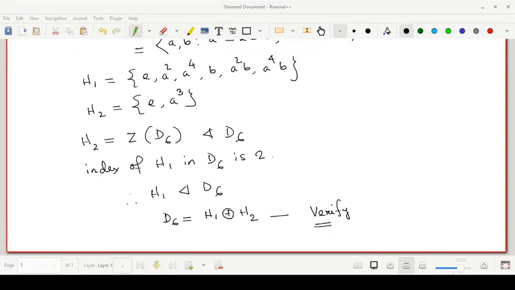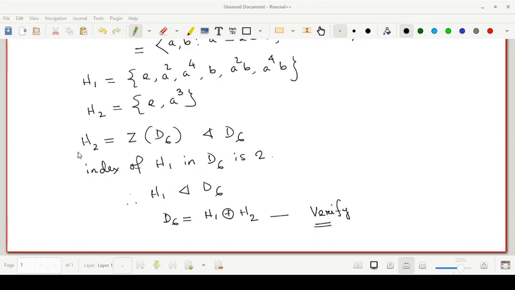Next, let us move to a new topic, called group action. That is one of the important topics. You will see a lot of applications of group action in algebra.